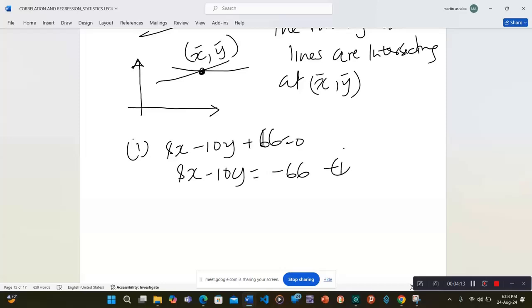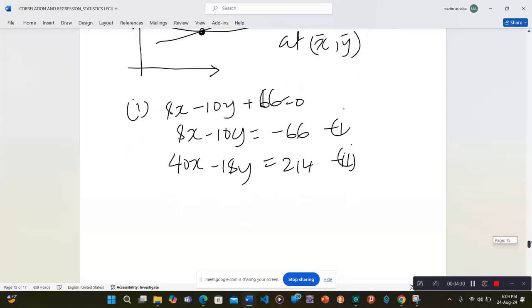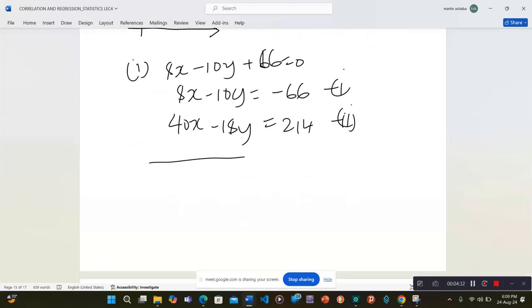Then I also have 40x minus 18y is equal to 214. So I can use a calculator and determine the values of x and y, or I use the elimination method.